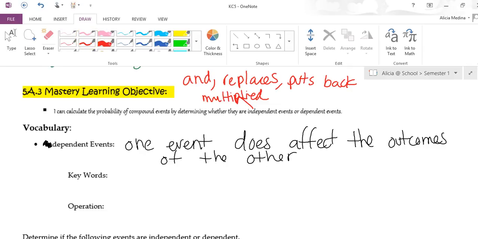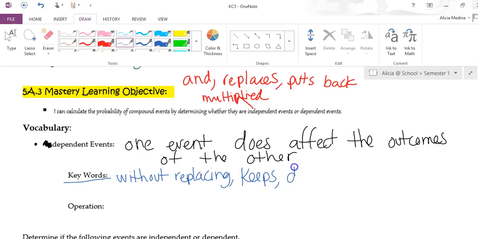Some of the keywords for this one are words like without replacing it. So maybe you take out a marble and then you don't put it back. Or you see the word keeps, so like you keep a marble or whatever scenario it may be.